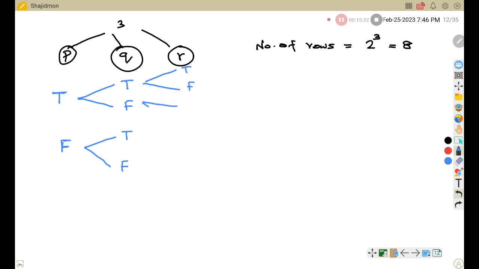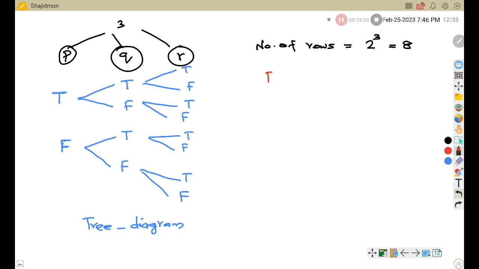We can do the branching like this one, correct? True, false, and here also true, false, and here also true, false. We have one tree diagram for that one. It is easy to write the true and false rows by using the tree diagram. Okay, I hope you understood.